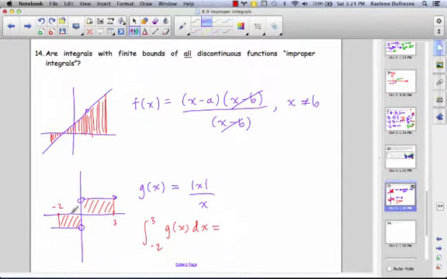And so we get -2 times 1 is -2, plus 1 times 3 is 3, and so we have a definite integral of 1, even with the interval being on either side of the jump discontinuity. So it's not true that all discontinuous functions have integrals with finite bounds that are improper integrals.